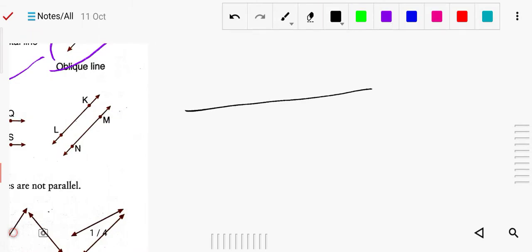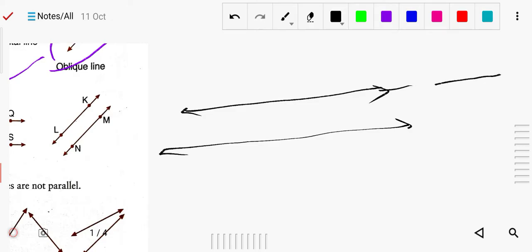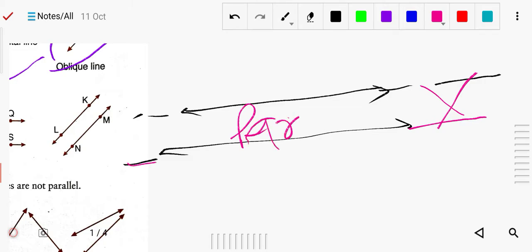If two lines are there, this is one line and this is another line. If we extend these lines on every side and they never meet, means they will not intersect, they will not cross each other, then they are parallel lines.